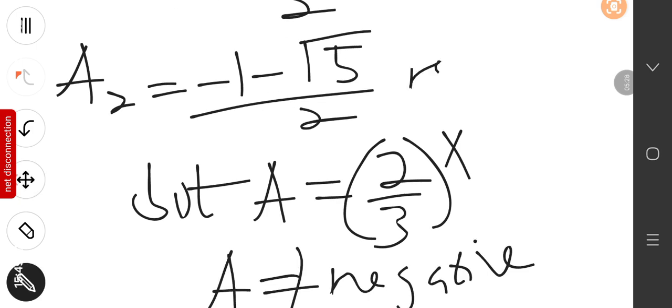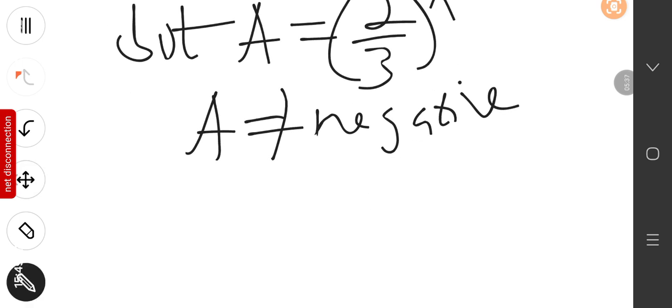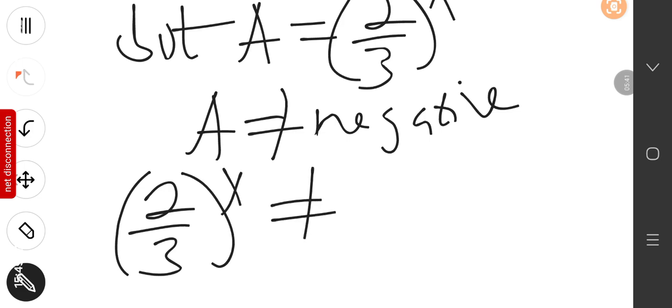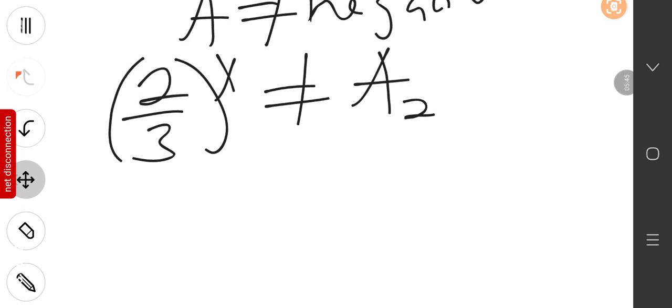So this is rejected. Okay, so a2 is rejected. So you can say 2 over 3 exponent x is not equal to a2. Okay, so let's focus on a1.